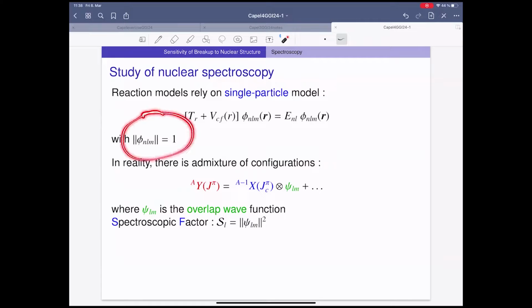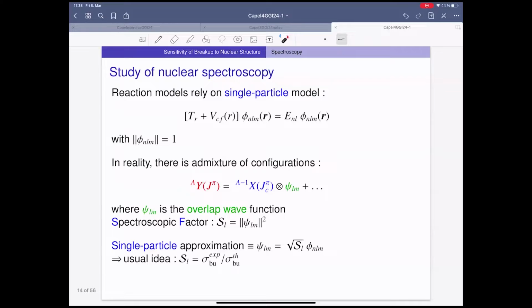We assume that the norm is 1, but actually the norm is not 1. So when we compare the calculation to the data, the calculations are higher than the data, so we can scale down to the data and get this spectroscopic factor.